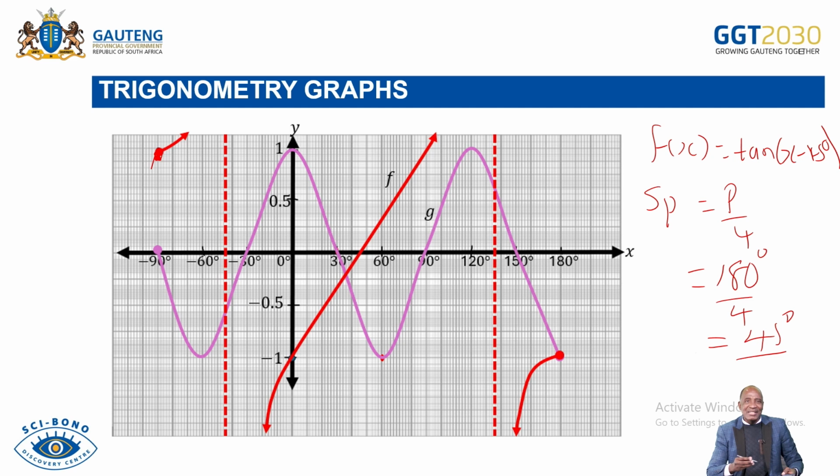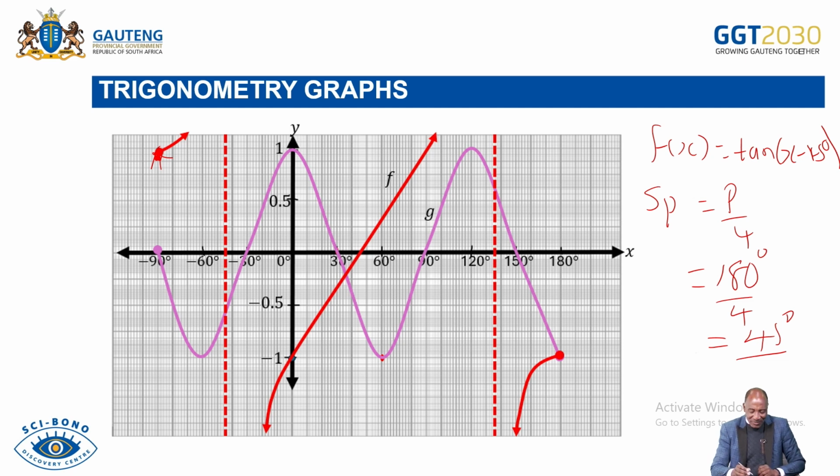As we plot these points, you will find that the first point that we plotted is at negative 90 degrees versus 1, which is there. Then obviously the graph is going to move closer and closer towards that line of asymptote, as denoted by that arrow there. Then you continue plotting all your points until all of them have been plotted.